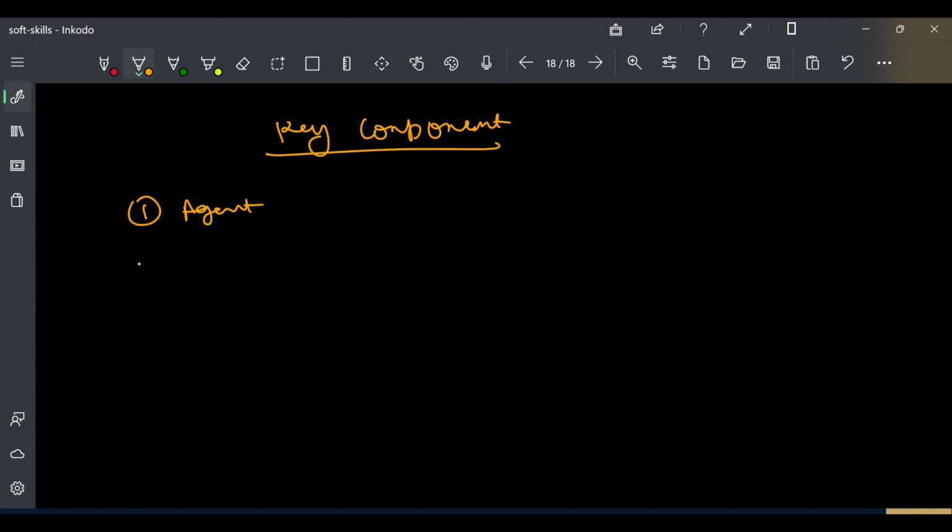And the second one is the environment. The environment means the world the agent interacts with. So this is called the environment.